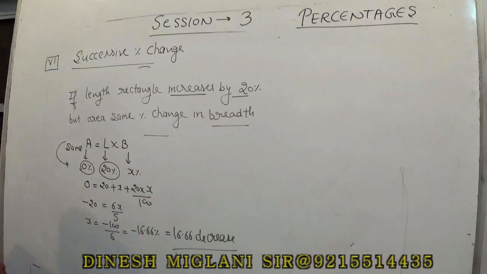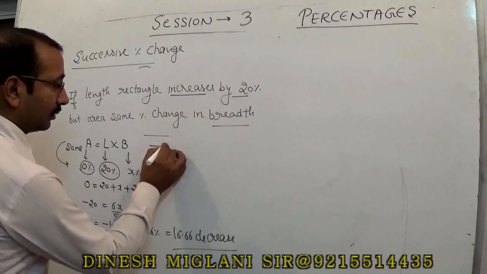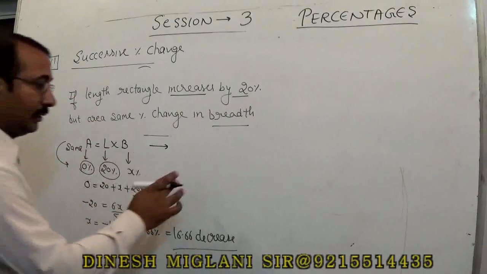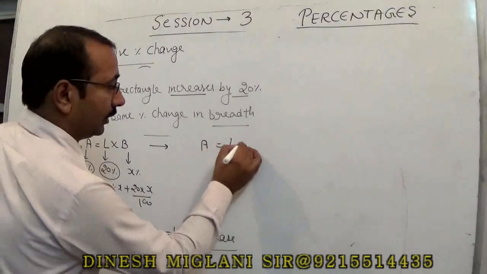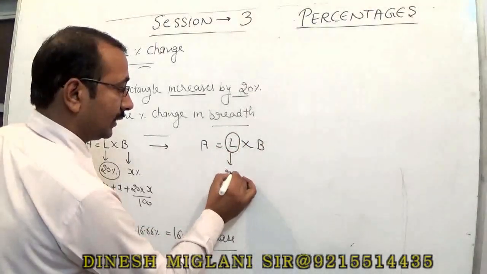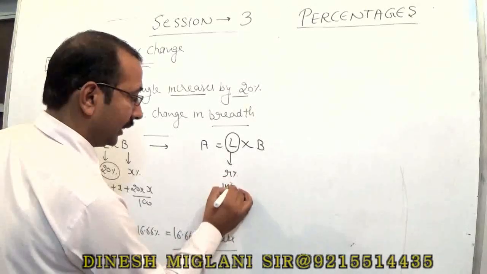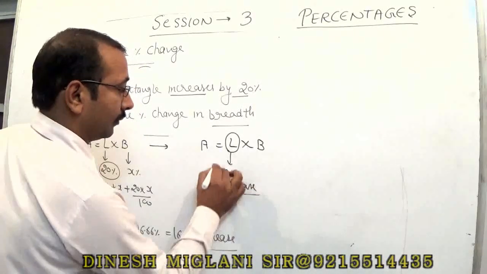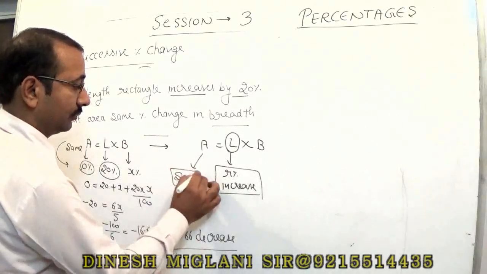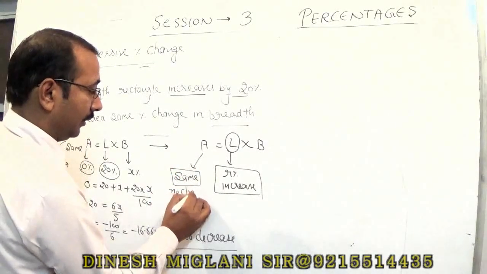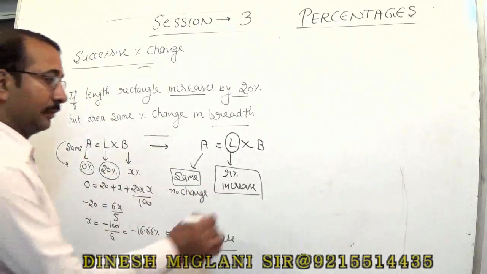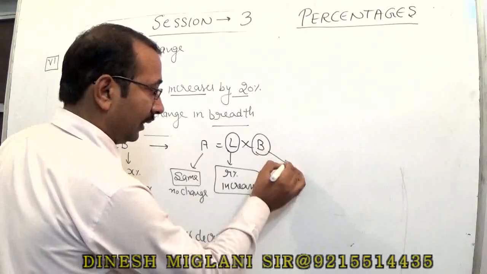Here we can use one standard formula also that we have earlier used in a question. When two or more quantities are multiplied, if any quantity increased by r%, and total must remain same, means no change, and we have to find out percentage change in the third one, that is in breadth, so that everyone can understand.